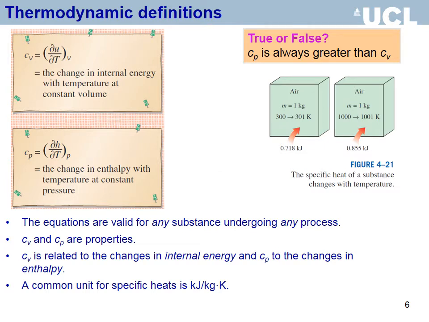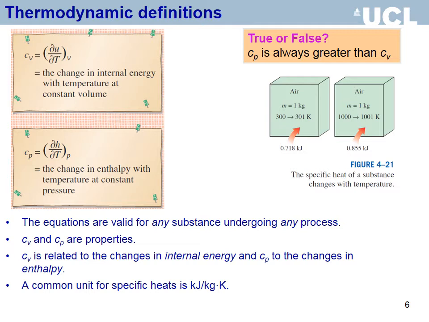Now, a while back, there was a question in the class about whether Cp is greater than Cv. In fact, that's always true. Cp is always greater than Cv if they are different from one another. The reason is that when we derived Cp, you'll remember we derived it for a constant pressure process.